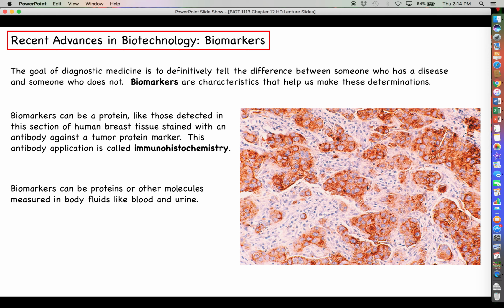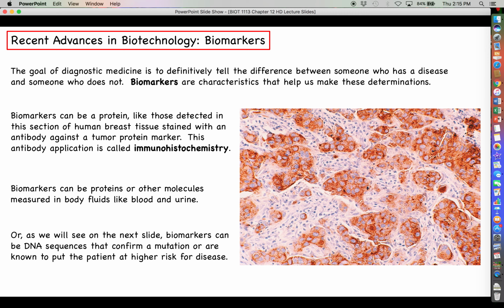So biomarkers certainly can be proteins like what we see here, but a biomarker can be any sort of molecule that we can measure, things that are in bodily fluids or blood or urine, things that are easily measured and easily quantified and easily detected.